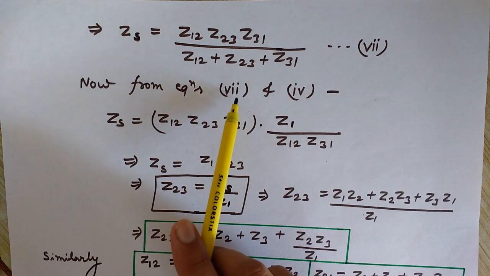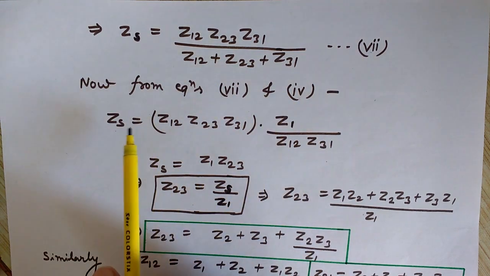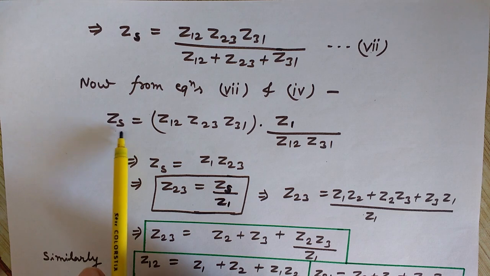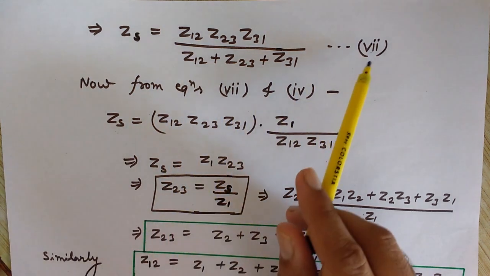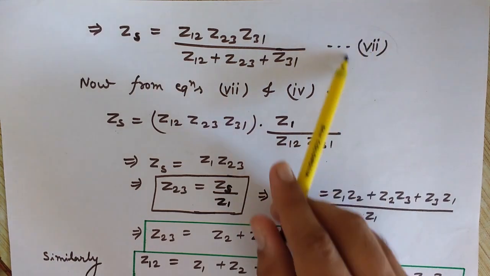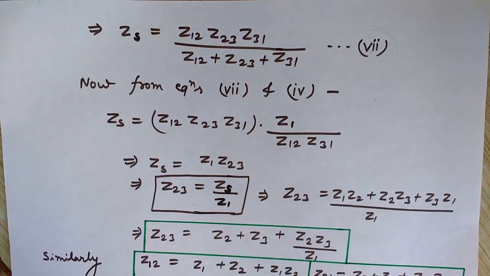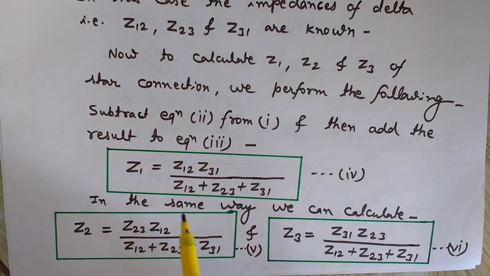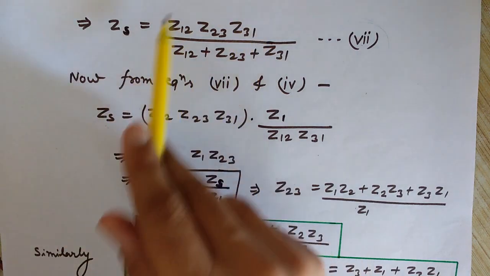Now from equation 7 and 4, actually we want to calculate Zs. We will manipulate these equations. Okay, how? From equation 7 and equation number 4. What is equation number 4? Equation number 4 is the value of Z1. So from this equation we will use it. This is the value of Zs.